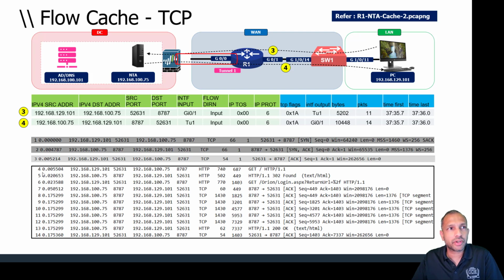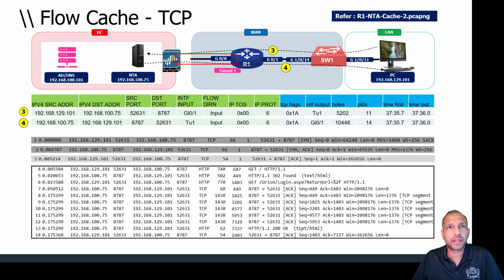If you look at frame numbers 4 to 14, you will see the same flows, numbers 3 and 4. If you look at the port numbers, everything is the same, so traffic flows 3 and 4 will get updated based on the detail of those packets.